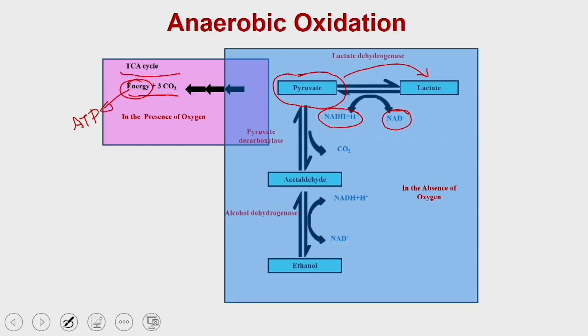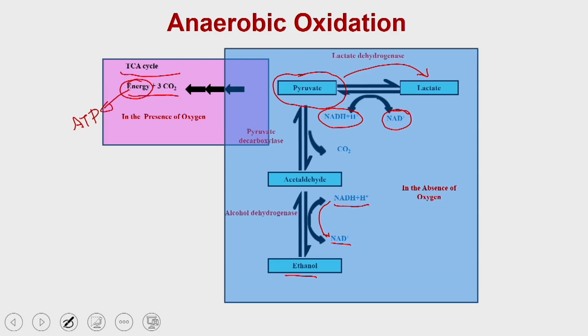In the other pathway, 2 enzymes are utilized, one called pyruvate decarboxylase and the other alcohol dehydrogenase. It does the decarboxylation reaction first to generate acetaldehyde from the pyruvate, and then from the acetaldehyde it generates ethanol, where one molecule of NADH is used and converted into NAD plus.